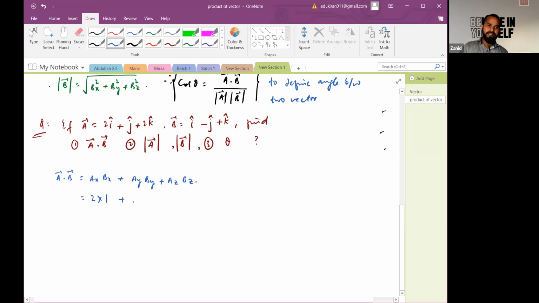Similarly, AY is 1 and BY is -1. AZ is 2 and BZ is 1. On simplifying, you will get 2 minus 1 plus 2. So it will be 4 minus 1, which is 3. Is it clear, Wahid?